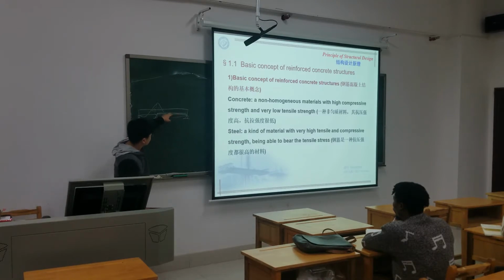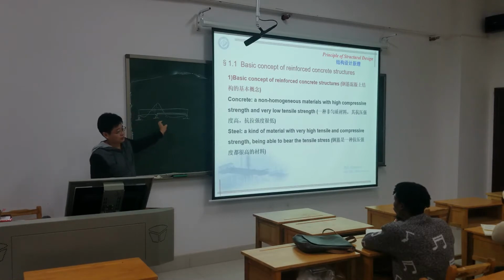At the low part it is tensile, but the upper part is compressive. But here, on the contrary, the upper part is in tension. The bearing part and the middle part are different.